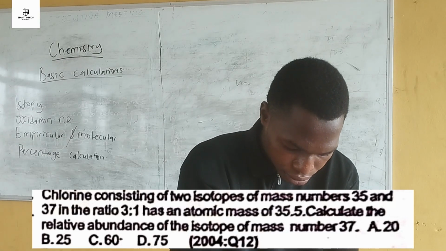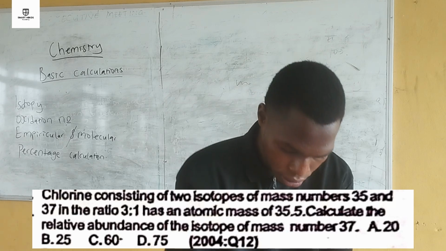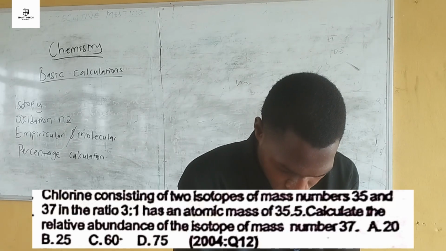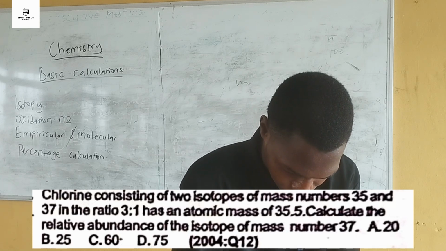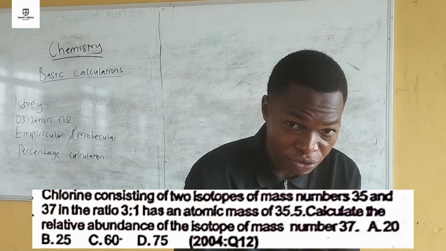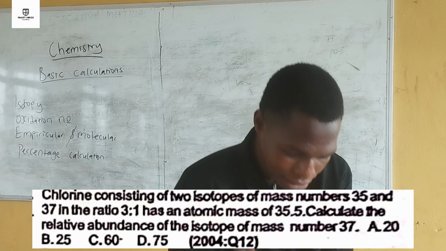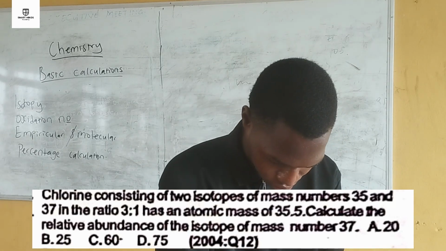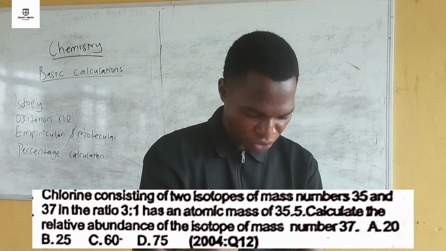Right. Chlorine consisting of two isotopes of mass number 35 and 37, in the ratio of 3:1, has an atomic mass of 35.5.